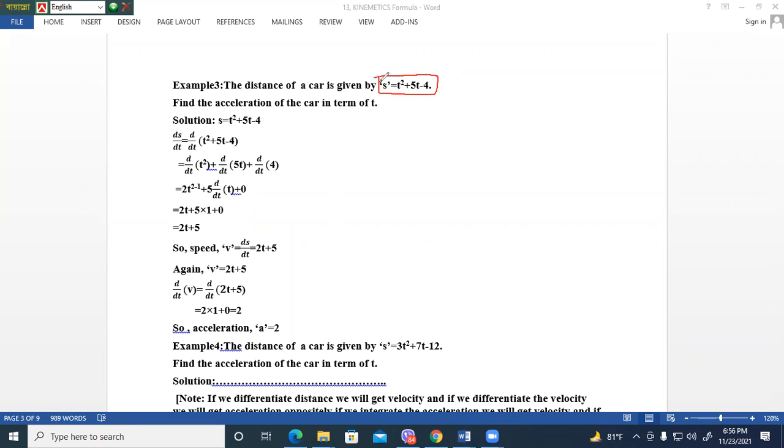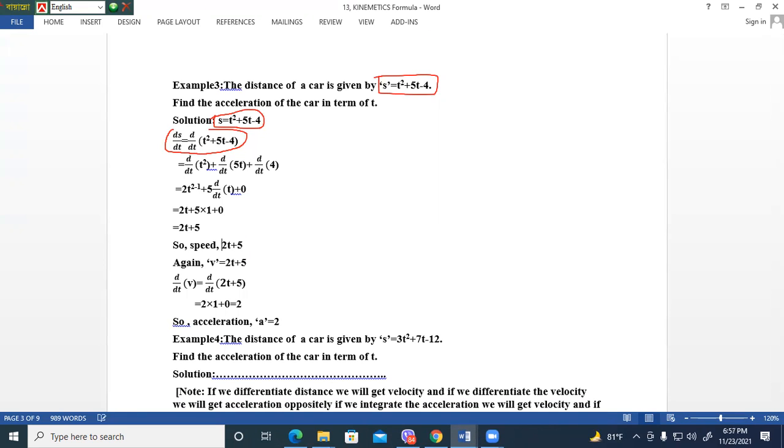So Malia, tell me how to find the speed. If we differentiate this value, we'll get the speed, isn't it, Malia? Yes, sir. That's why d by dt on both sides. Then we get the speed. So speed equals 2t plus 5.